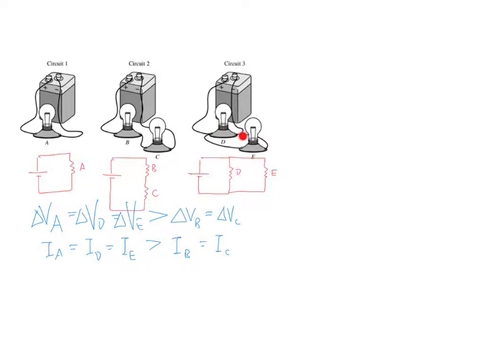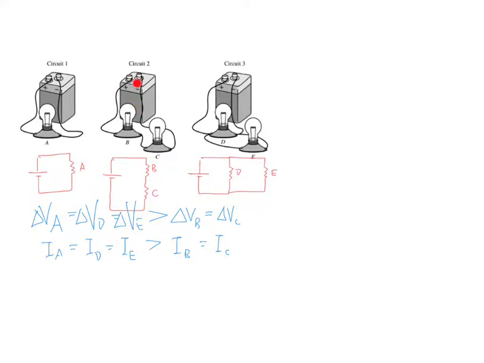So there's only half as much resistance, which means twice as much current would flow out of the battery. But even though there's twice as much current flowing out of the battery, when it gets to that junction point, that current's going to get split equally, half this way and half this way. So twice as much current being split in half ends up being the same amount of current going through D and E that went through A. That's why all three of these are equal.